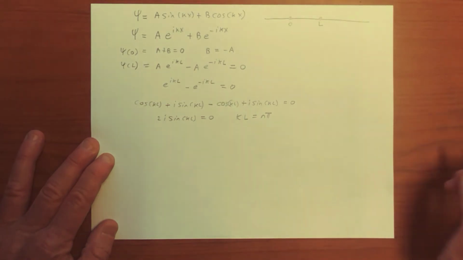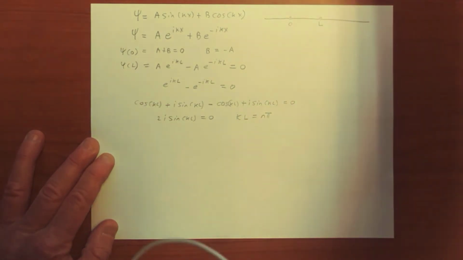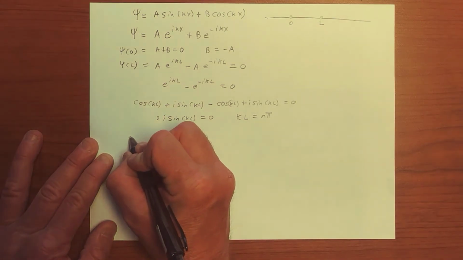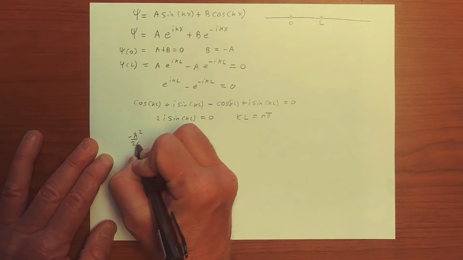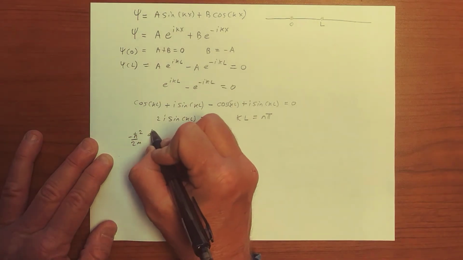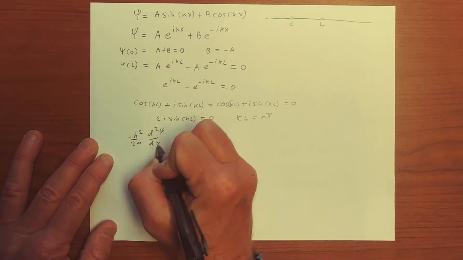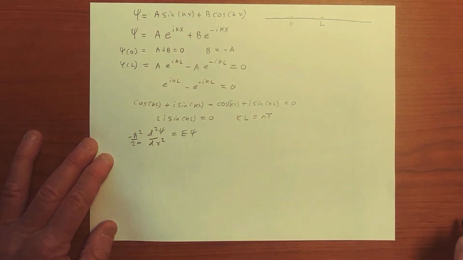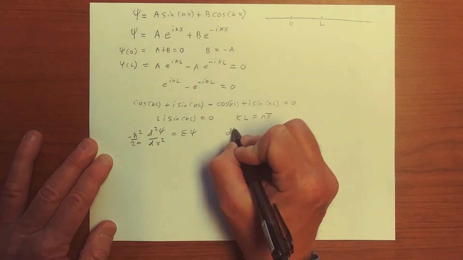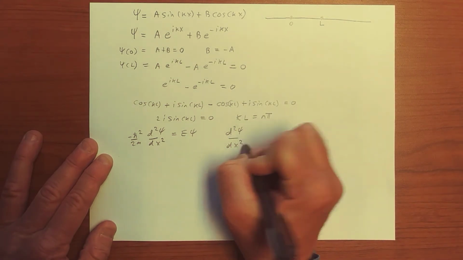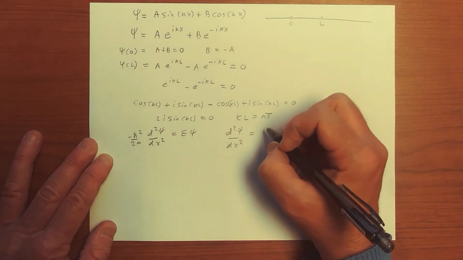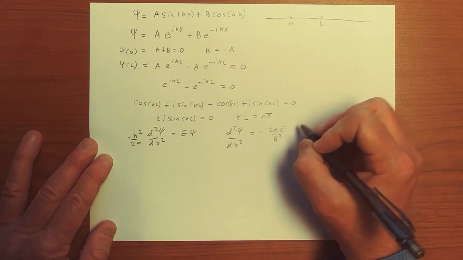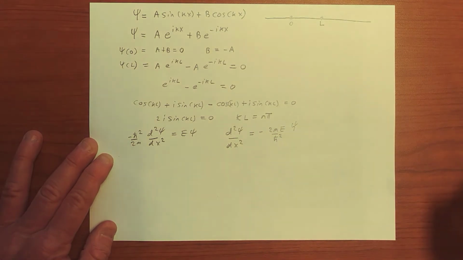And the k is the quantity in front of psi on the other side of the Schrodinger equation. So remember that our equation reads minus h bar squared over 2m, second derivative of the spatial part, is equal to E psi. And so the second derivative of psi, of the spatial part of the wave function, is minus 2mE over h bar squared times psi.